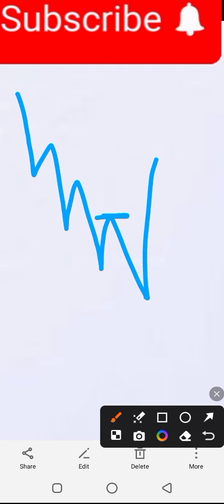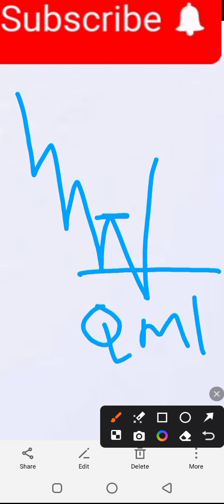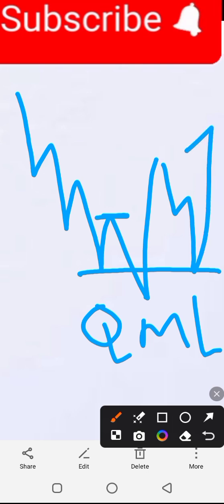Once it goes above that lower high like that, this last low right here becomes your QML. So you wait for price to pull back here and then you buy.